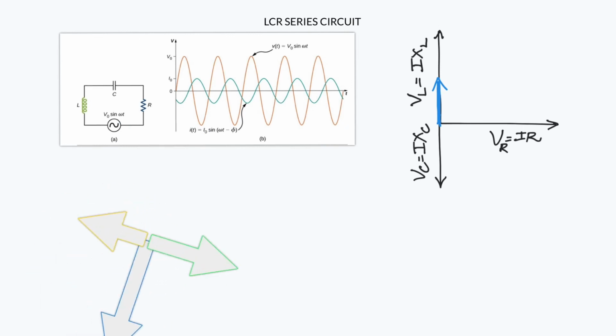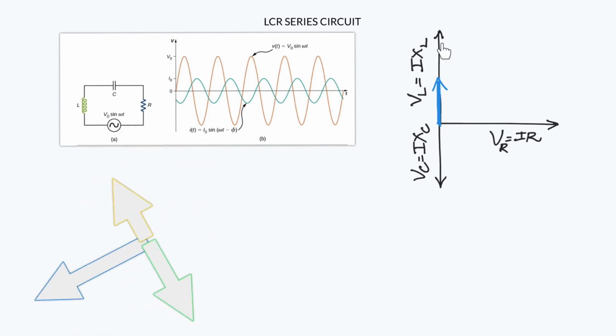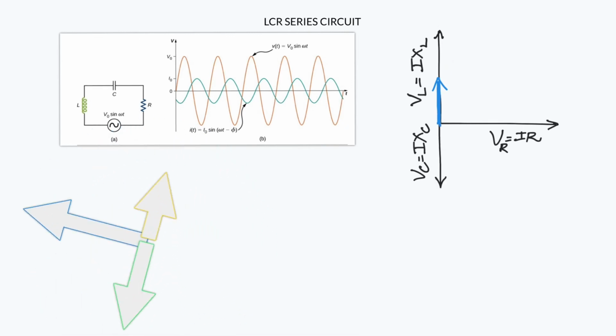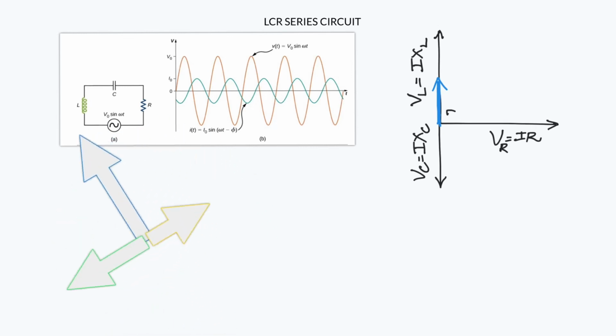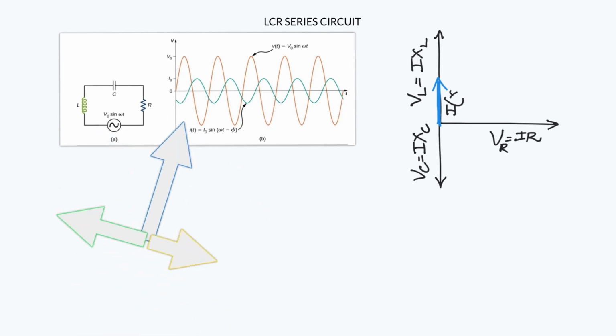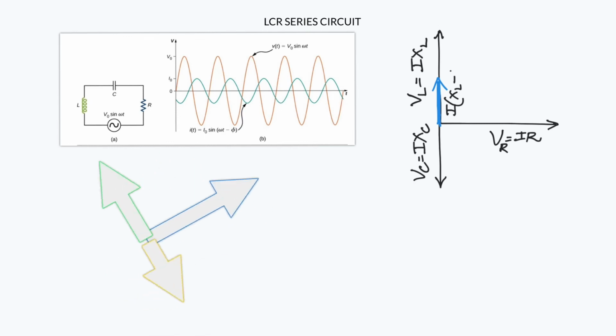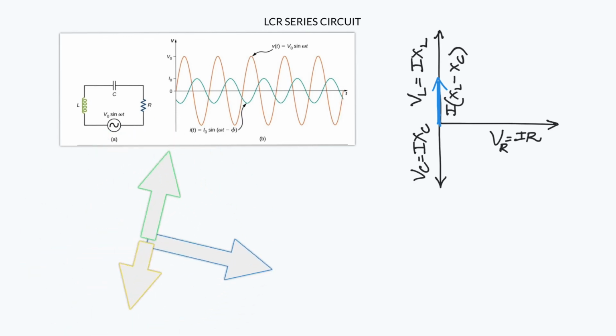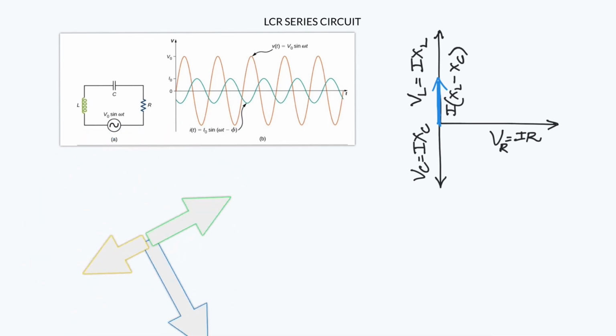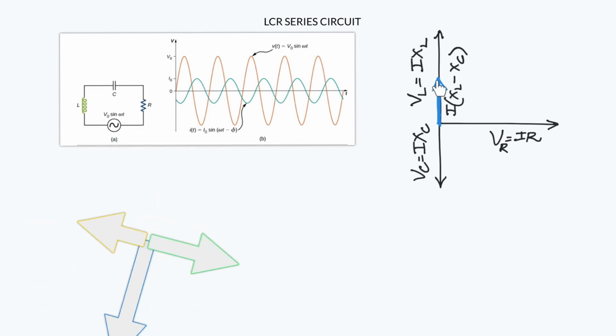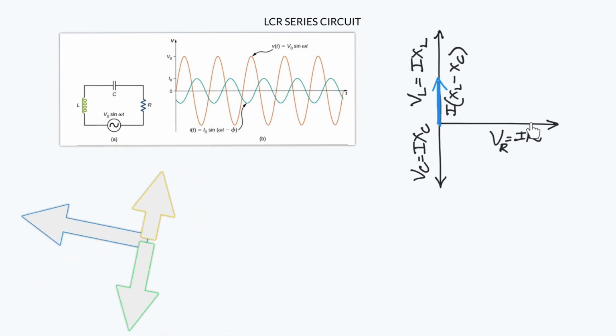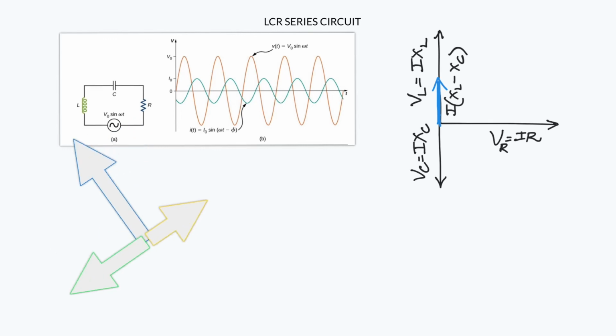And why do we do that? Because they are opposite to each other. That's how you find the resultant of two vectors when they are opposite to each other. And like I said, it is I (XL minus XC). Now we got to find the resultant of this vector with IR.